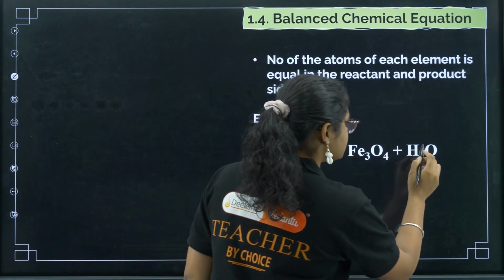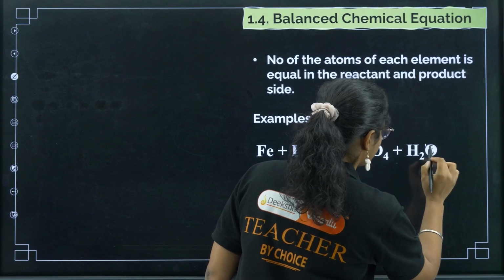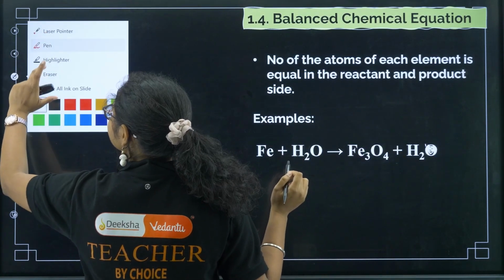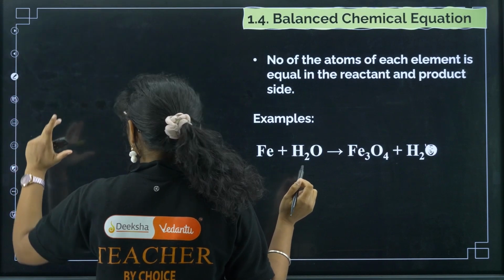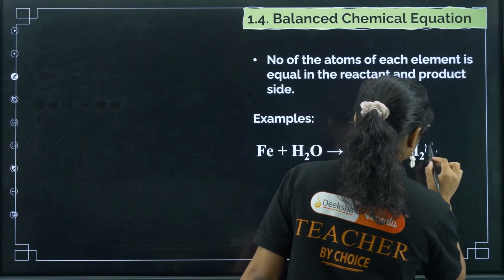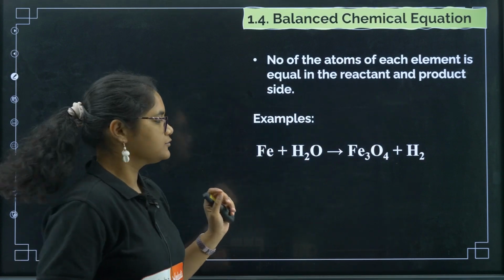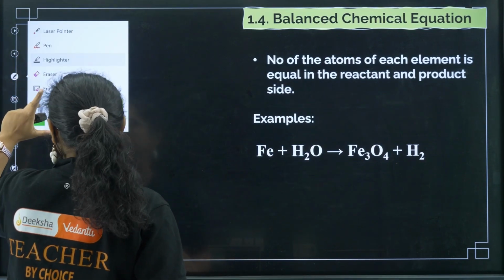Let us take this example and understand how to balance a chemical reaction. Once again, this reaction, this is only H2O. Let me erase it. One second. We have only H2 here. Now let us do the balancing of reactions.